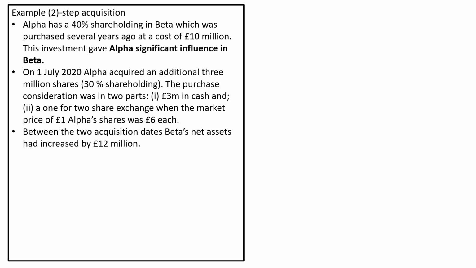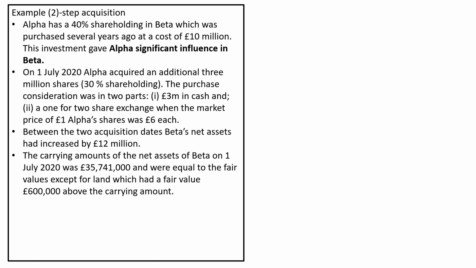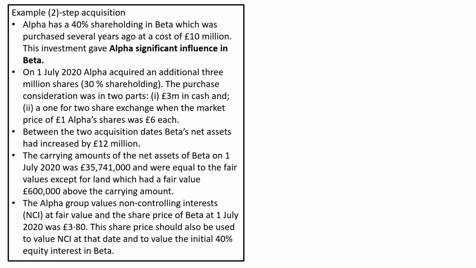Between the two acquisition dates, Beta's net assets had increased by 12 million. The carrying amount of the net assets of Beta on 1st of July 2020 was 35.741 million and were equal to the fair values except for land, which had a fair value of 600,000 above the carrying amount.